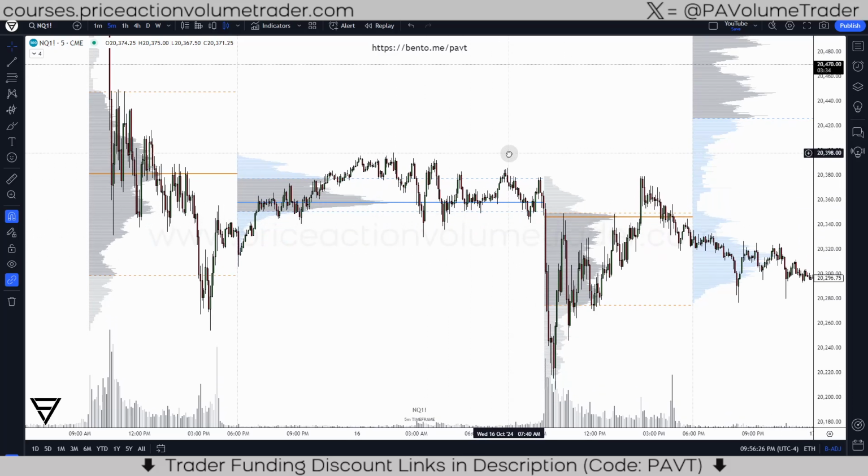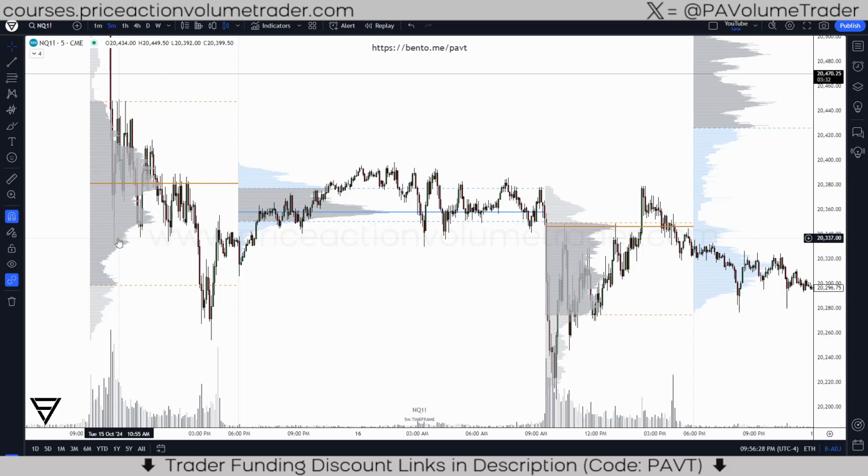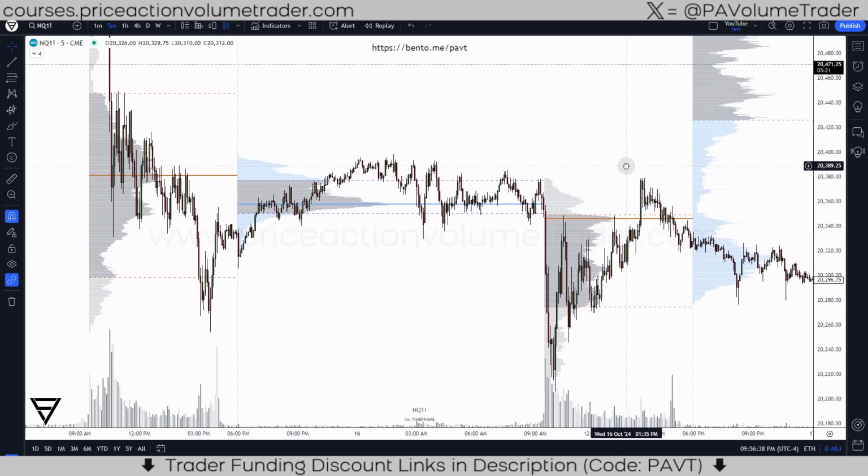If we move over, for example, this is the example. This is Tuesday, October 15th, regular trading hours, then Wednesday night, and then Wednesday during the day, regular trading hours.